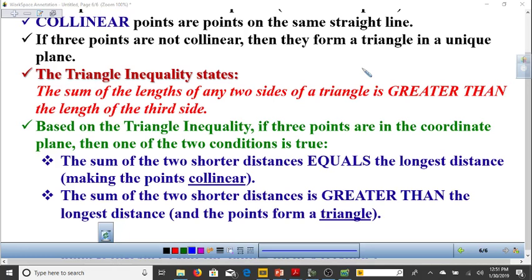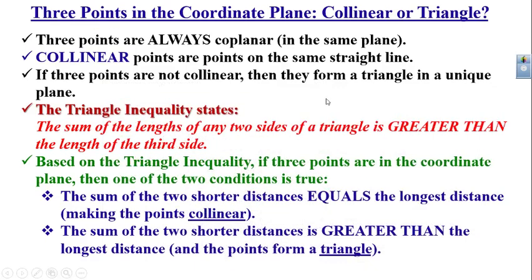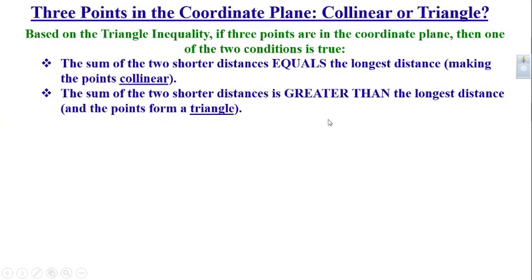They form a straight line. Otherwise they would form a triangle, and the other possibility is that the two shorter distances add up to something greater than the longest distance. So we can tell if 3 points form a triangle or a straight line by just finding the distances and adding the two smaller ones.